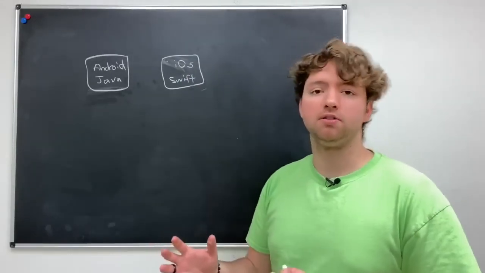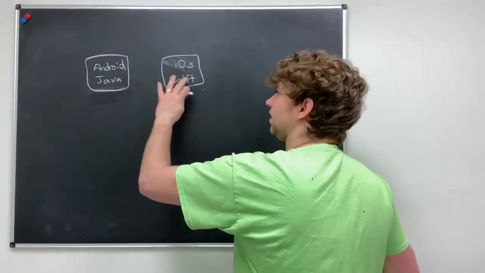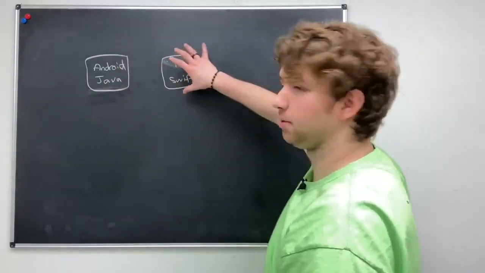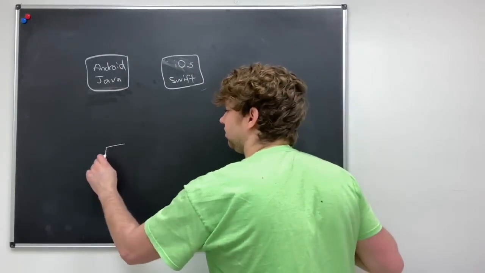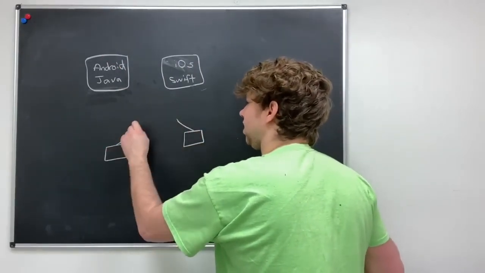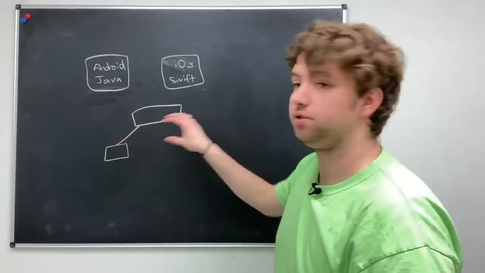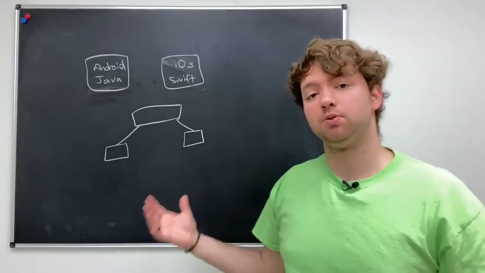Now, this doesn't always work, but it can. So for example, instead of having two completely separate applications, you could have two smaller applications that share one backend that feeds both of these applications. That's one way you can do it.